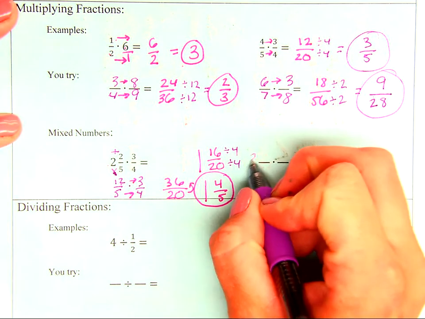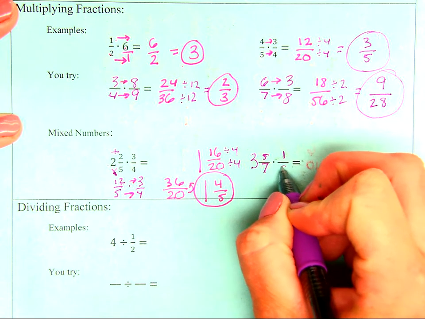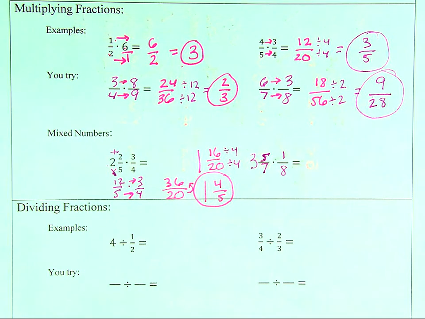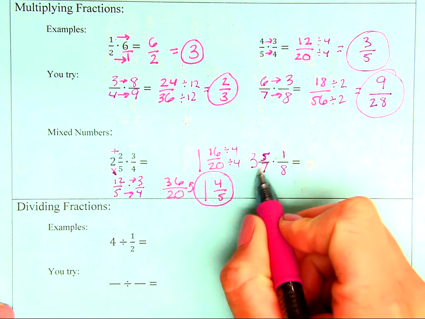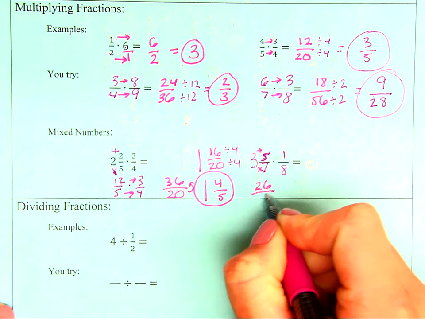Okay, so I want you to pause the video and try 3 5/7 times 1/8. Okay, so I'm going to change this into an improper fraction. 3 times 7 is 21, plus the 5 gives you 26 over 7.